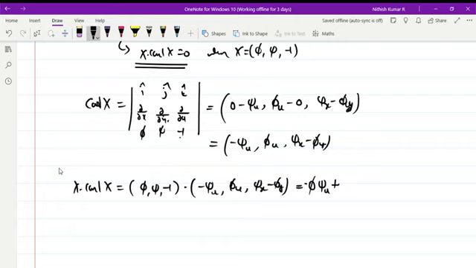Therefore X dot curl X, with X equal to (phi, psi, minus 1), is phi into minus psi u, that is minus phi psi u, plus psi into phi u, minus psi x plus phi y.